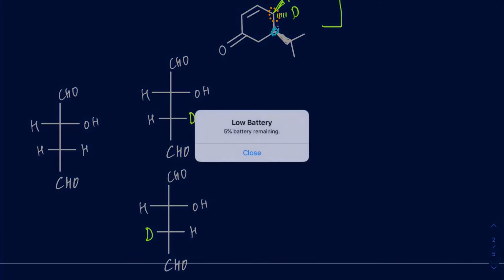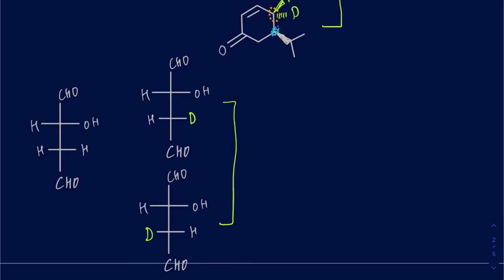So now what's going to be the relation between those two? You have one of the chiral centers still staying the same. So this one and this one is still the same, and then the other chiral center is flipped. This chiral center and that chiral center is flipped now. So as a result, they are going to be diastereomers with one another. And since they are diastereomers, these two protons right there are going to be your diastereotopic protons, and they will have a different chemical shift.